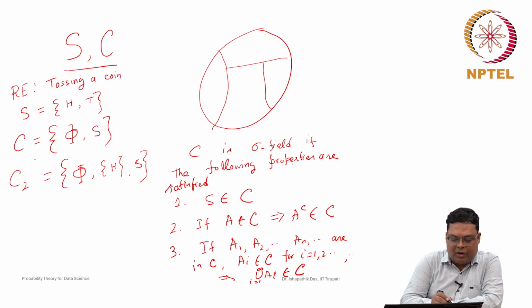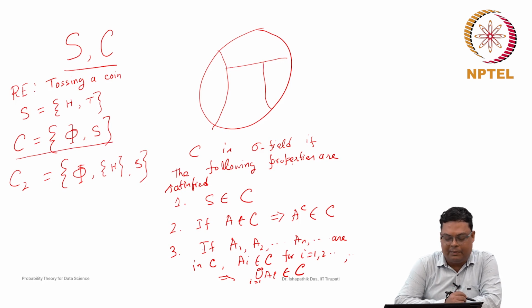For example, consider this collection of subsets of S. You can see that S belongs to C, and only S and phi are the elements in C. Then we have to just check those elements only to verify these properties.